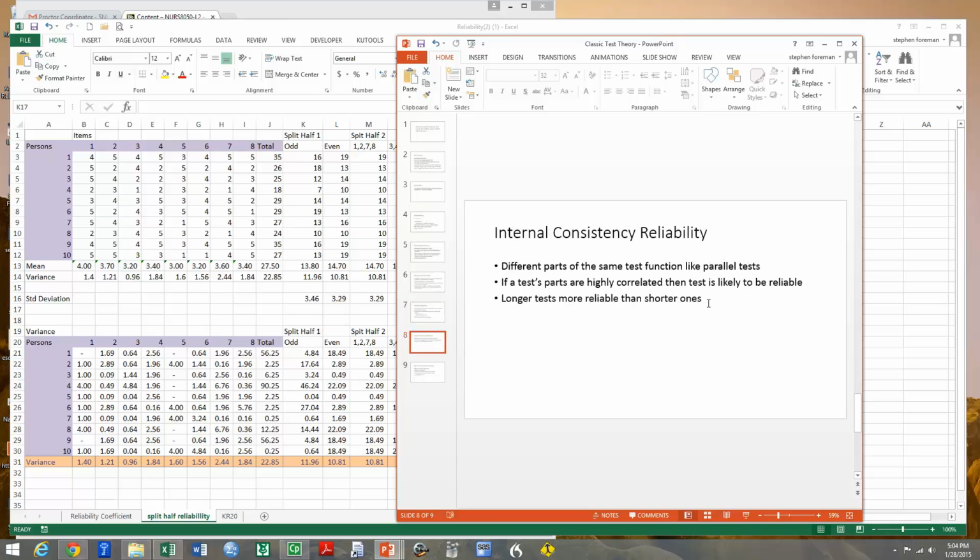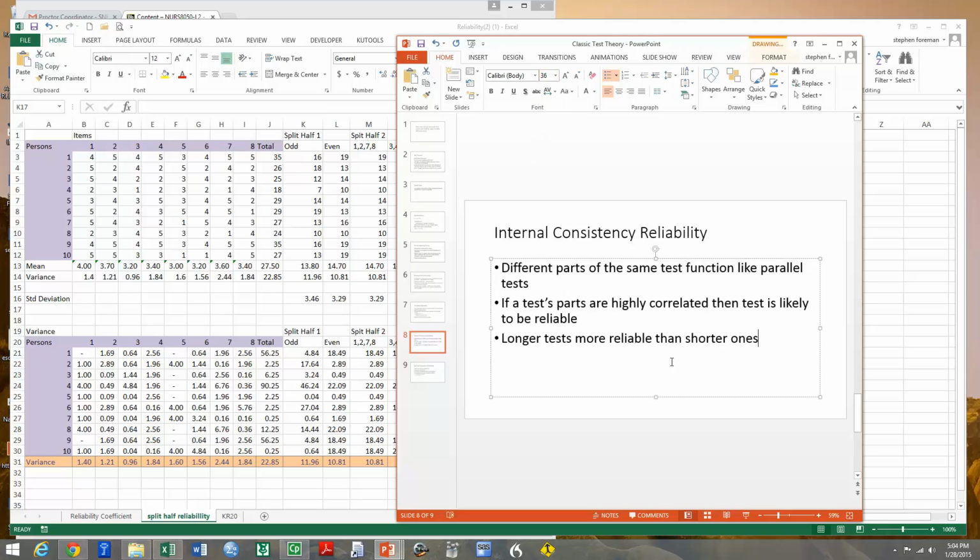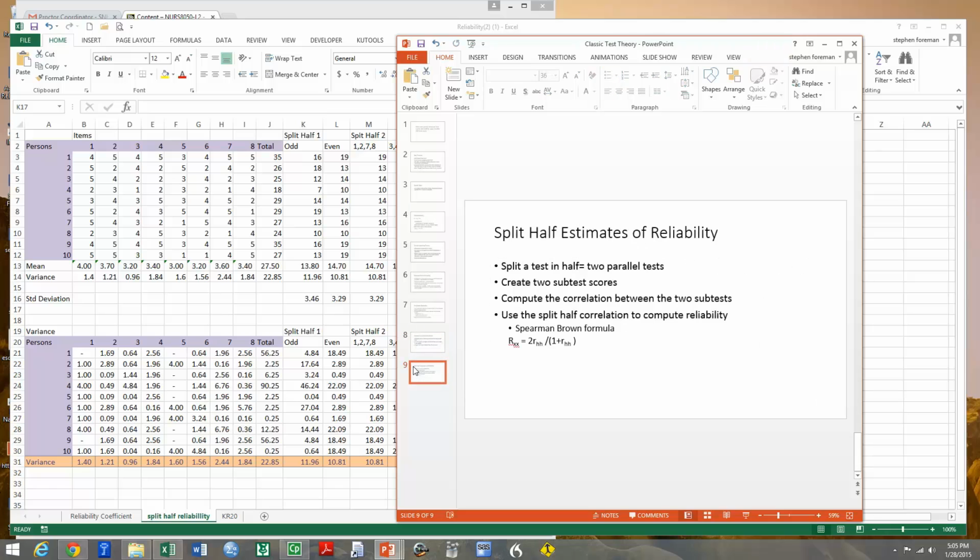That drives reliability testers to actually using a test within itself to measure reliability. In doing this, we use different parts of the same test to function like a parallel test. So if a test's parts are highly correlated, then the test is likely to be more reliable. And this means that longer tests are more reliable than short ones.